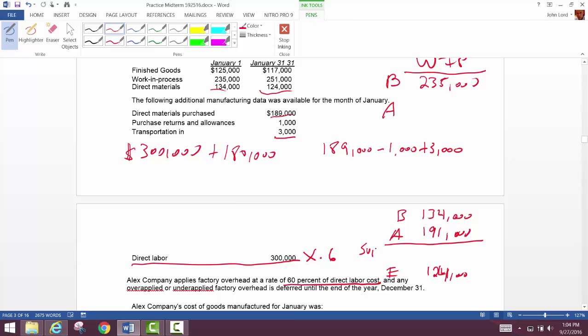Do your subtotal. 134 plus 191 is, I'm just going to get my calculator. 325,000? Okay. 325,000, good. And if I ended up with 325,000 and I ended up with what?